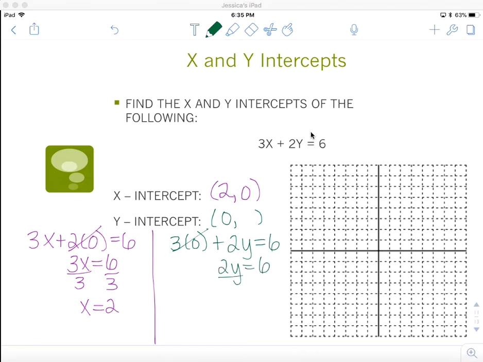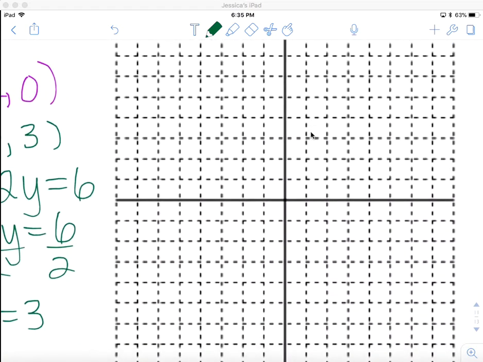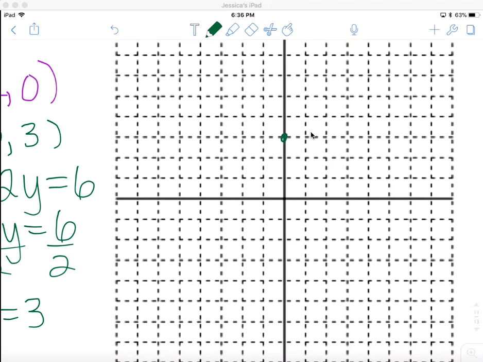When I divide both sides by 2, I just found that my y-intercept is at 3, more specifically 0, 3. Now that I know my two intercepts, I can graph both of them on my graph. So I have the point 0, 3, and I have the point 2, 0.